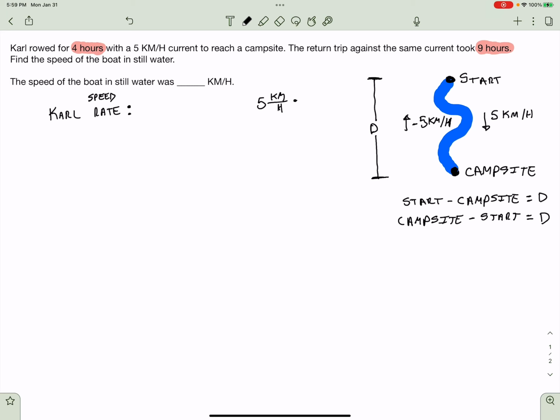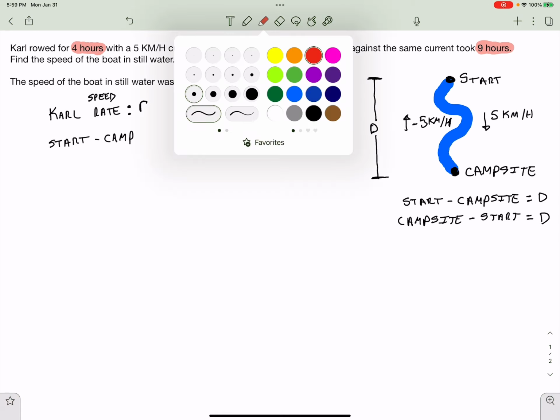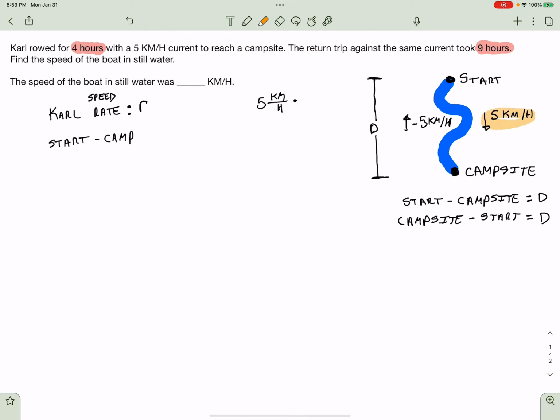Let's think about Carl's rate as just a big old R. That's how fast Carl is traveling all on his own in still water. But from start to campsite, which I'm just going to shorthand as camp, we're going with the current.